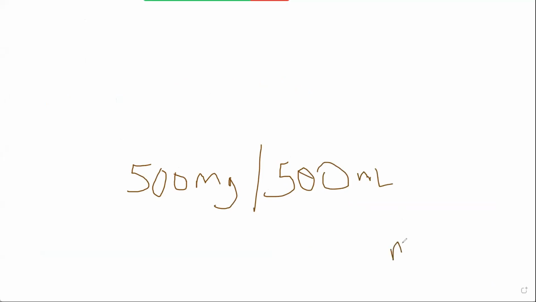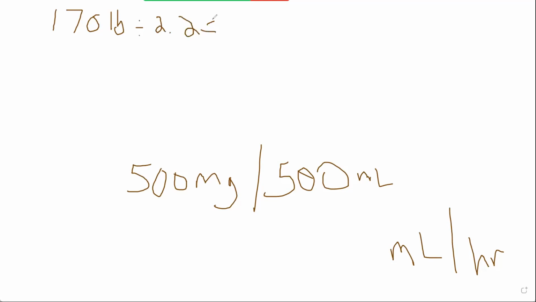You need mLs per hour. Okay, so 170 is your weight. So we're going to start with that 170, and we're going to divide by 2.2. Leave everything in the calculator.